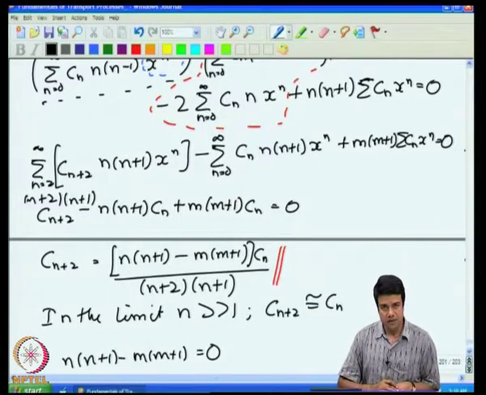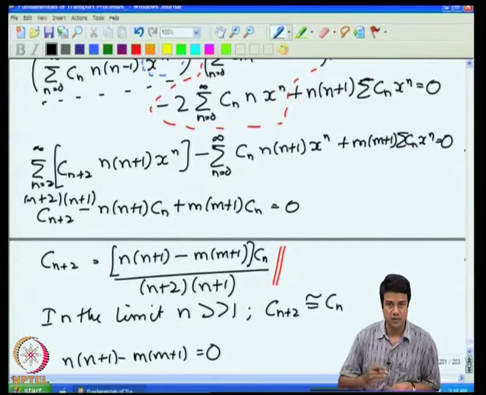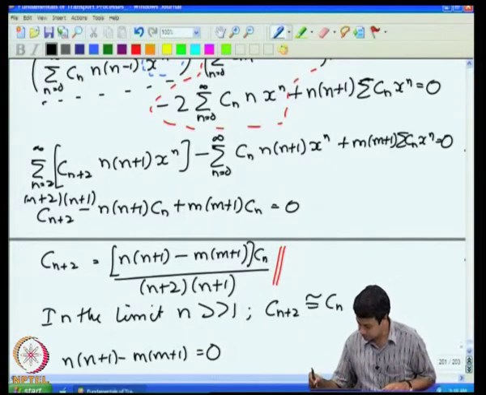The only way the series will converge is if Cn plus 2 turns out to be equal to 0 for some particular value of n. Once Cn plus 2 is equal to 0, then all higher terms in the series, all odd or even terms, become 0, and you end up with a finite series in that case.